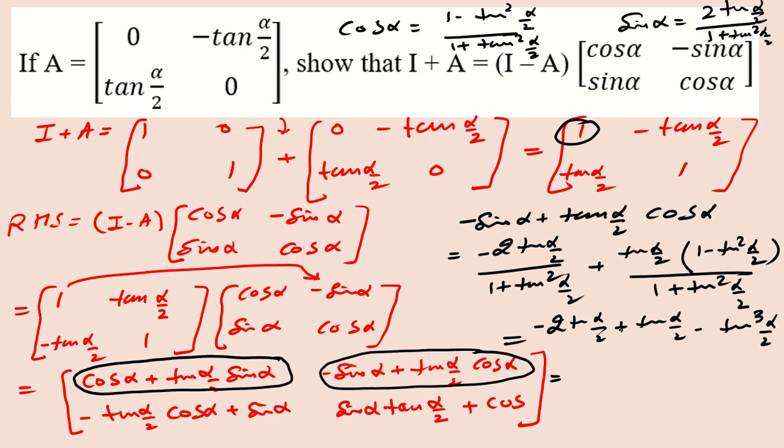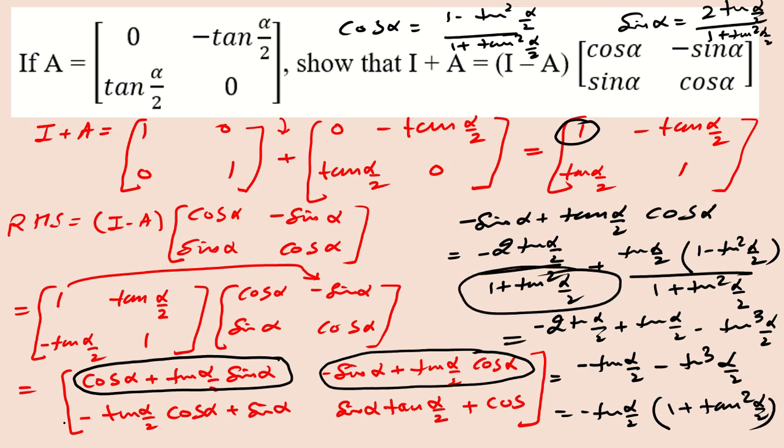You can see here minus tan alpha by 2 will be common. In bracket you will get 1 plus tan square alpha by 2. And what was the denominator? Denominator was also 1 plus tan square alpha by 2. So both will be cancelled and you will get minus tan alpha by 2. And here also you can see minus tan alpha by 2. Okay. Complete this question. I know it is little lengthy, so complete it, and if you have any problem you can write in the comment.